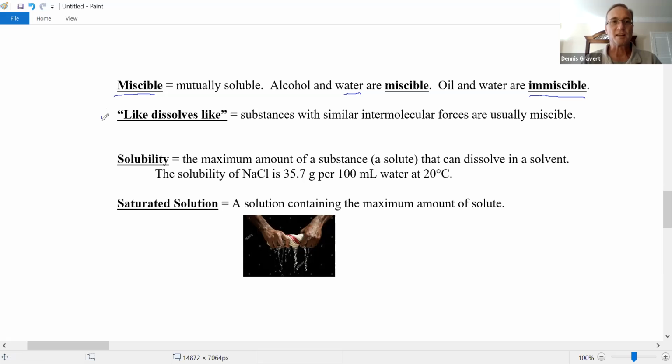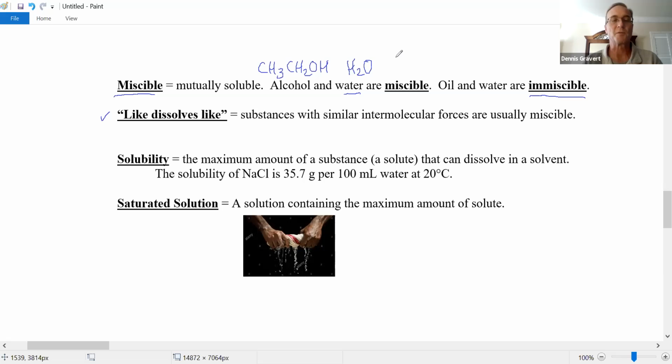We also use the little slogan, what do we call this? Little memory aid, like dissolves like. So we said that compounds that have the same or similar intermolecular forces usually dissolve in each other. So the chemical formula for the alcohol found in beer and wine is ethanol, this molecule.